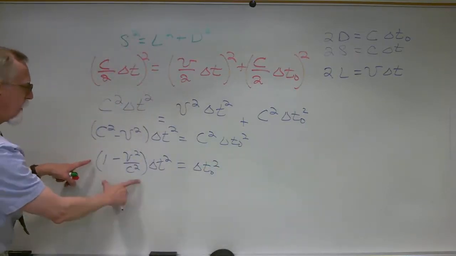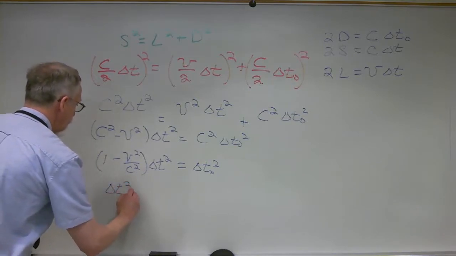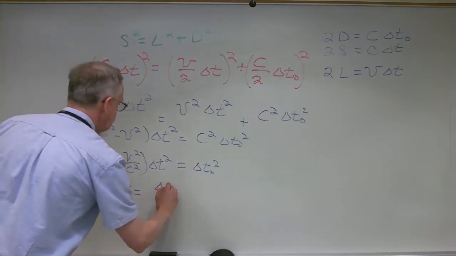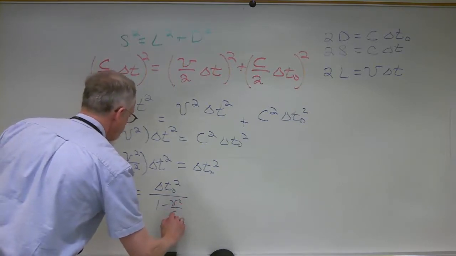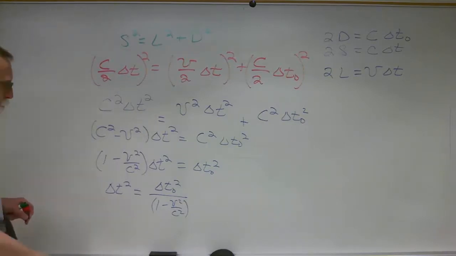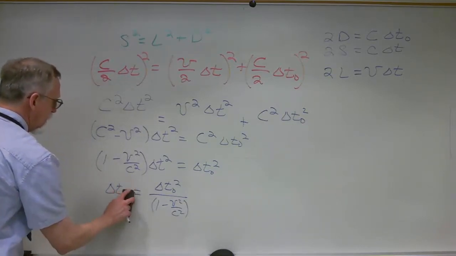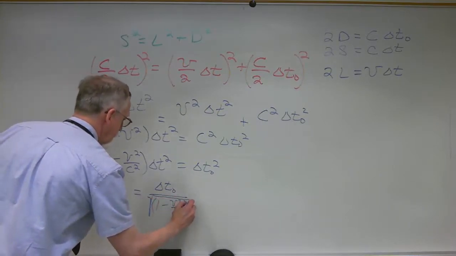Let's divide both sides by this quantity here. So we'll have delta T squared equals delta T naught squared over 1 minus V squared over C squared. And then let's take the square root of both sides. So I'll abbreviate this a bit. Take square root, and square root.